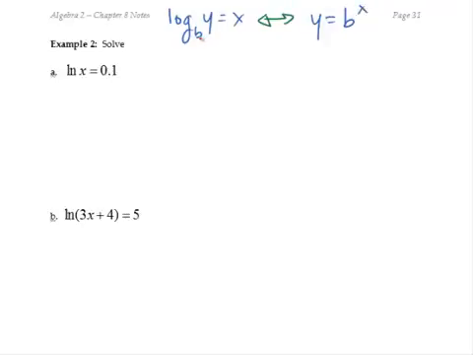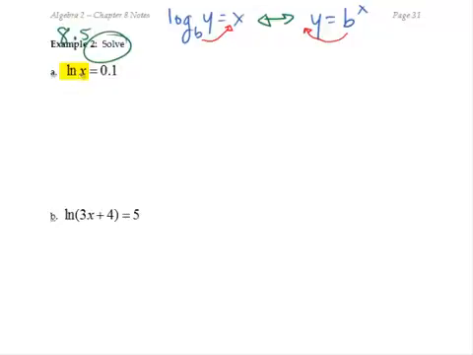Remember we talked about that base coming up underneath the x, or that base comes over here in front of the y. And when you switch from side to side, you either remove the log or insert the log. But that's your conversion formula. You need to make sure that you have your log isolated. All these solving things are going to be the same as section 8.5 with your logs. When it's isolated, then we can convert.